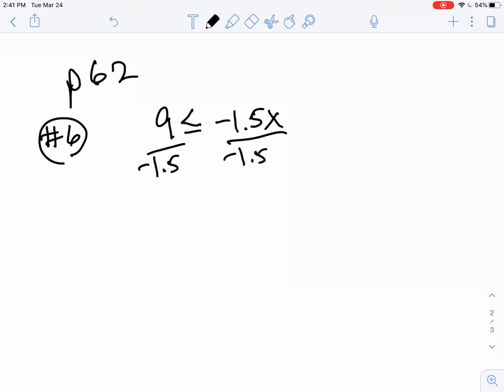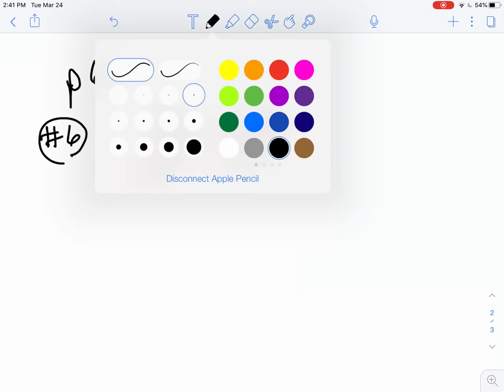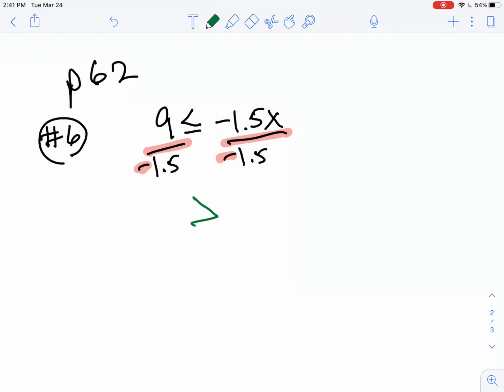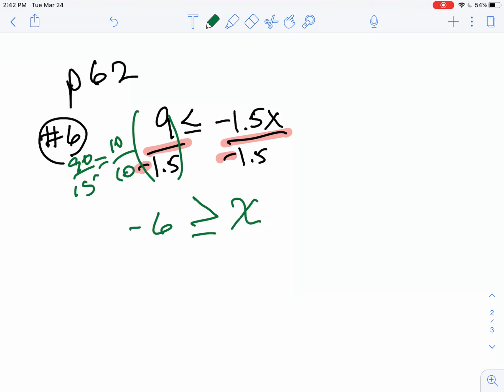You all solved this, and because you divided by a negative, you all switched the inequality sign to be a greater than or equal to. You did your math, times 10 over 10, kind of sloppy here, but you did a much better job. And you figured out that your answer over here was negative 6, and then your answer over here, of course, was the x.